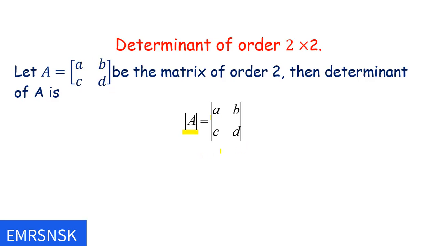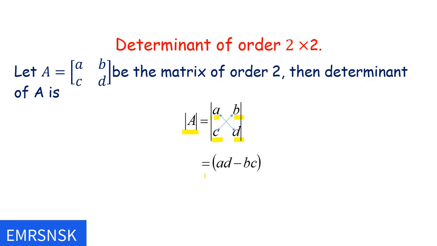So now how to find this? In order to find the determinant of this matrix, just take cross multiplication, that means take the multiplication of A and D and subtract this multiplication. That means the determinant is AD, A into D minus B into C. So this is the method to find the determinant of order 2 by 2.